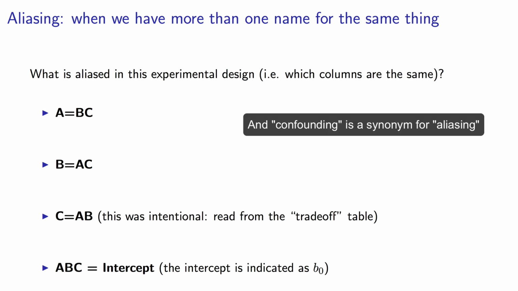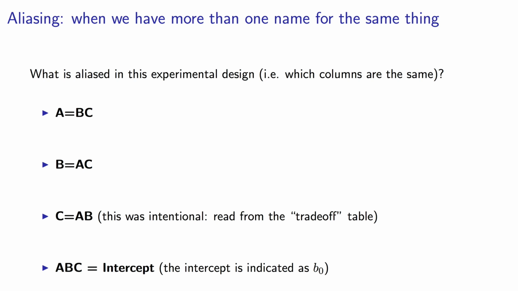The term confounding is used to describe what is happening here. That means, after doing the reduced set of 4 experiments, you will never really be sure whether it was A that caused the change in the outcome, or whether it was the two-factor interaction, BC. Confounded is a word that means confused.